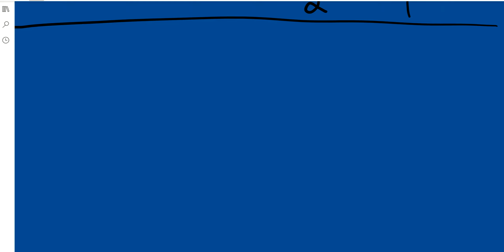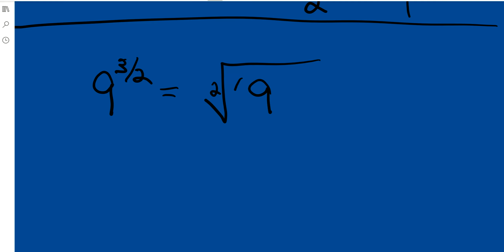Let's try this one. I'm going to have 9 to the 3 over 2. Now that's going to end up reading, what is the square root of 9 raised to the 3rd power.